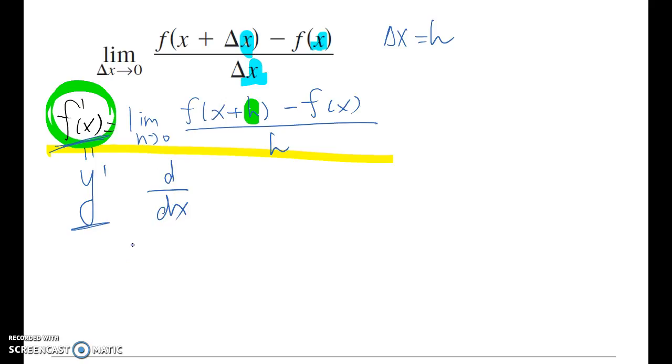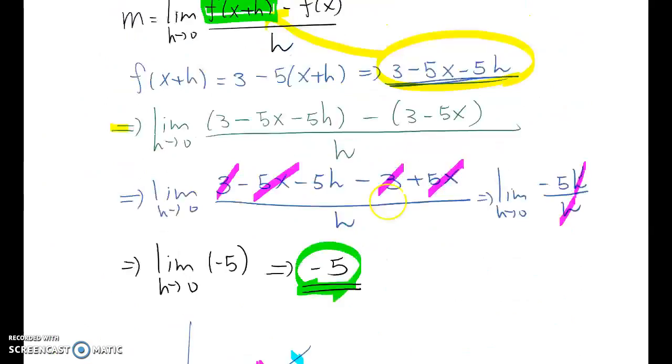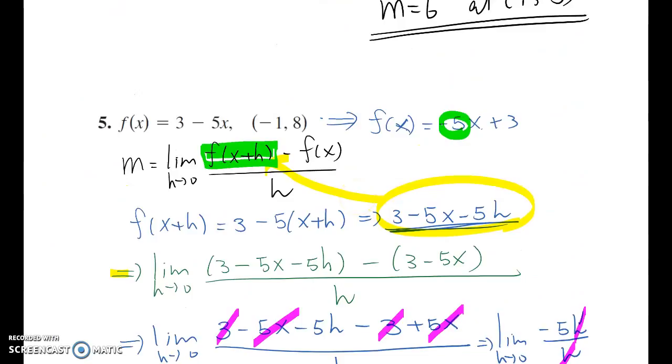From now on, please remember, this formula we just call the derivative. It means you want to find the function form so that we can find the slope of the tangent line. Good?